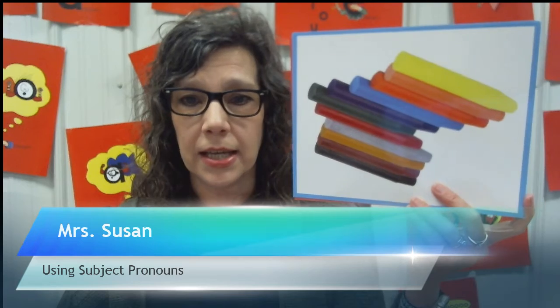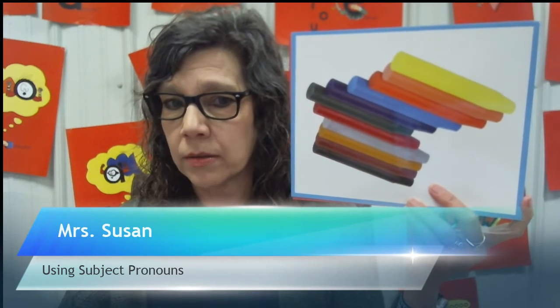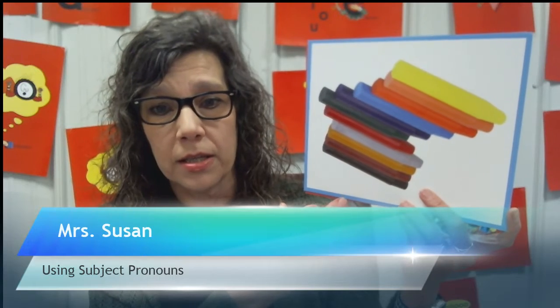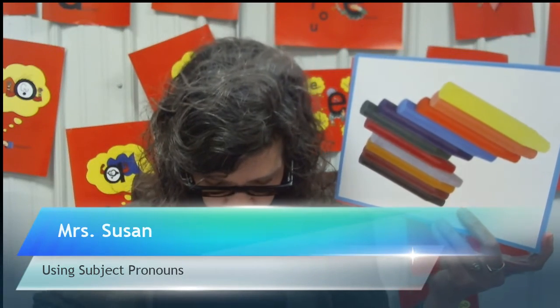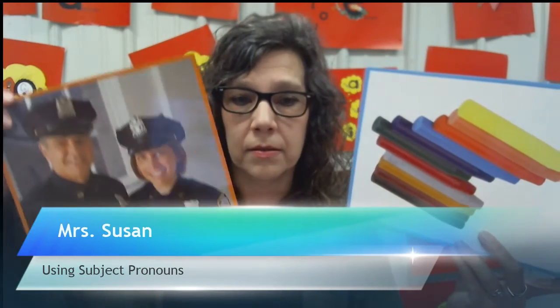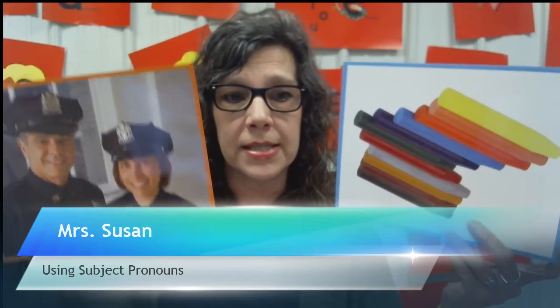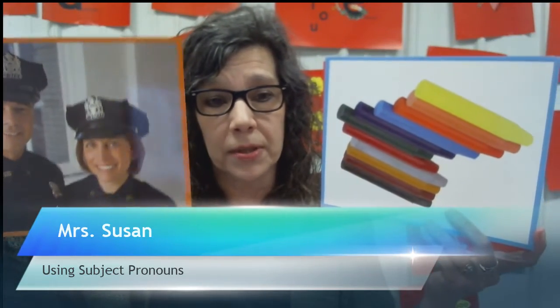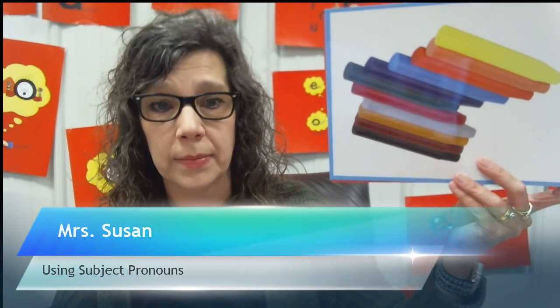What pronoun would I need to use for a bunch of things that are not a boy or a girl? I use the same pronoun that I would use for two people that I'm not included in. I would say they are police officers. They are crayons. They are on the table.